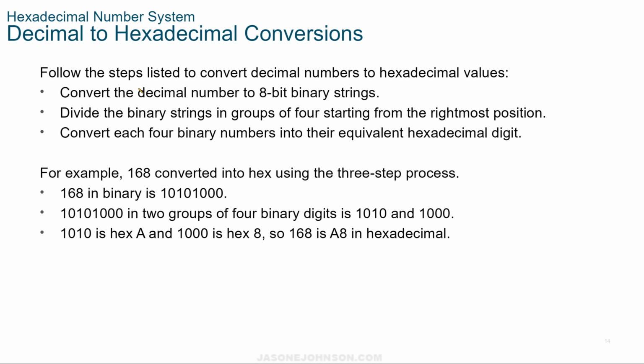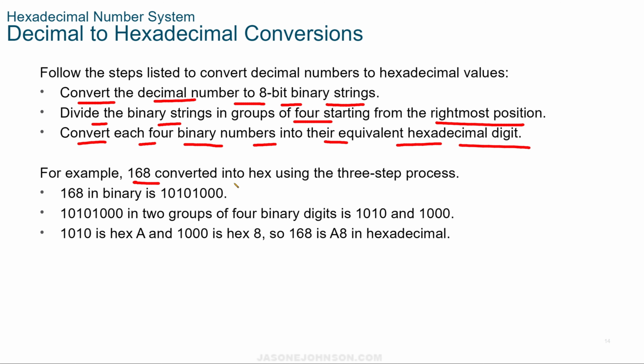If we follow the steps listed to convert decimal numbers to hexadecimal values, we convert the decimal number to 8-bit binary strings. We divide the binary strings into groups of 4, starting from the rightmost position, and then we convert each 4 binary digits into their equivalent hexadecimal digit.